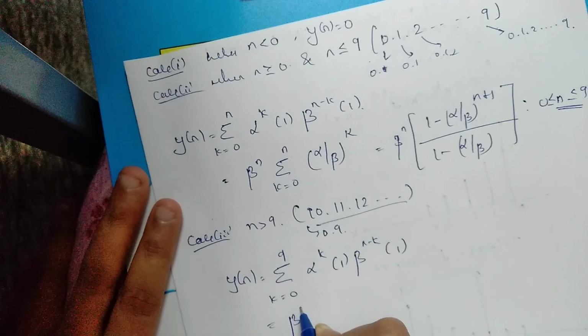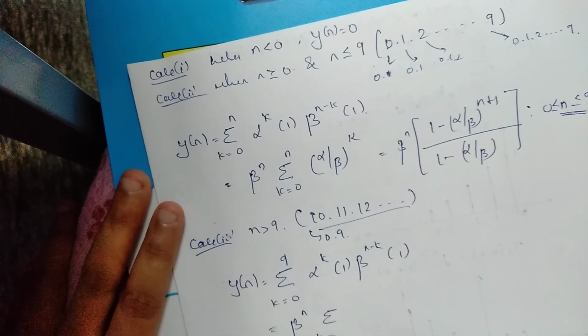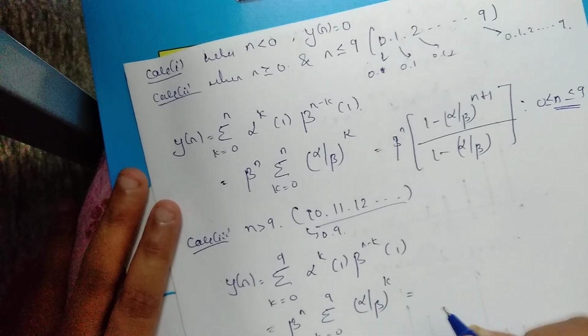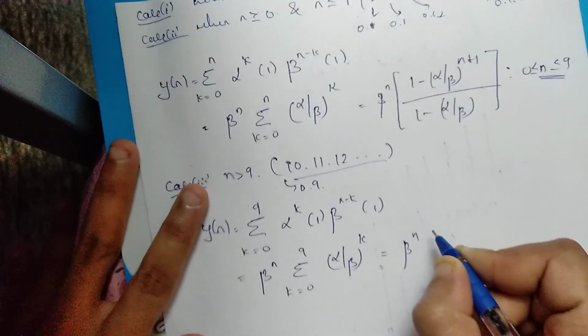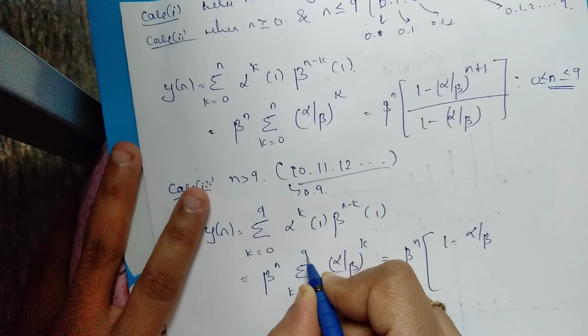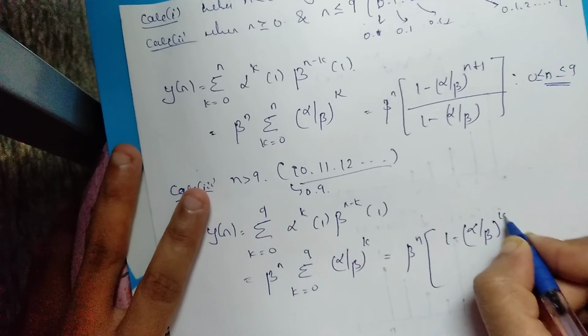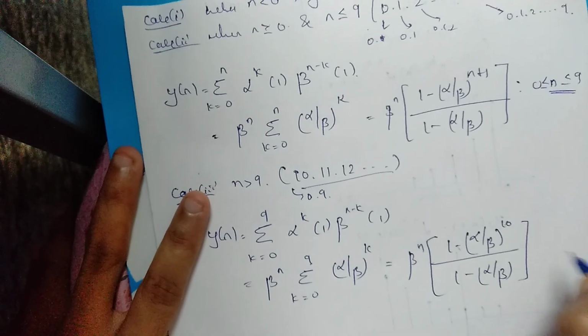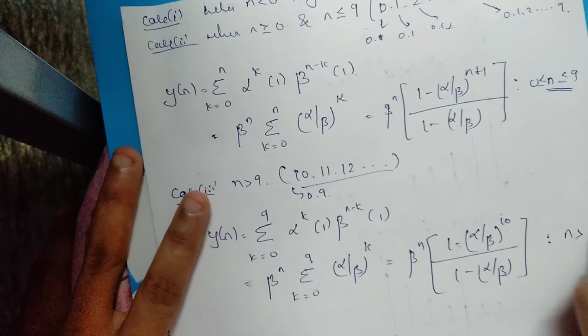If I take beta to the power of n outside, the summation 0 to 9 of alpha by beta to the power of k. If I expand this, this will be 1 minus alpha by beta to the power of 9 plus 1, so this will be 10, divided by 1 minus alpha by beta. This is when n is greater than 9.